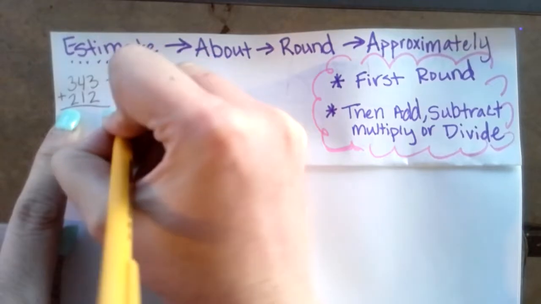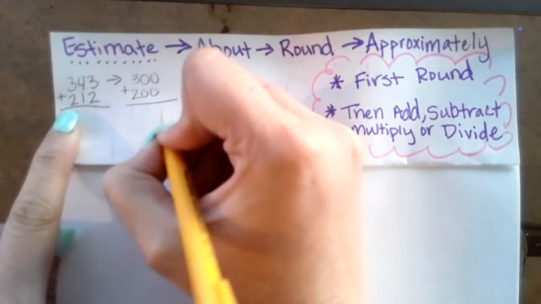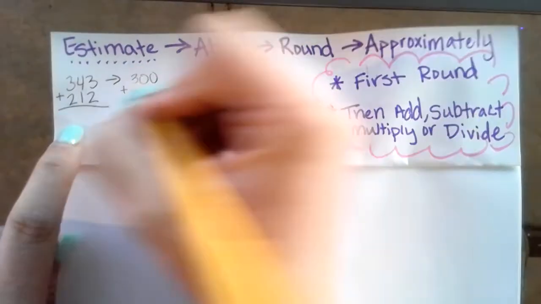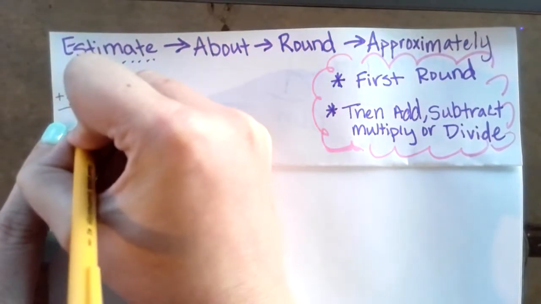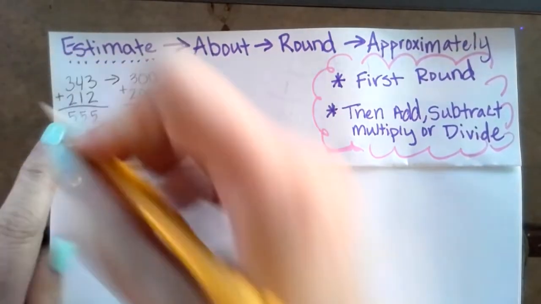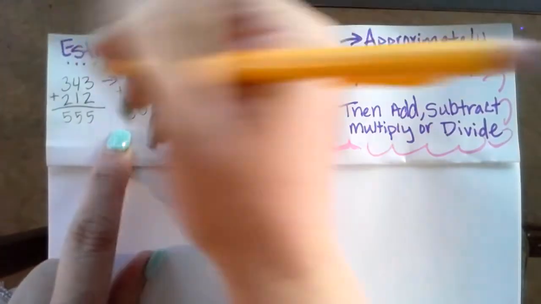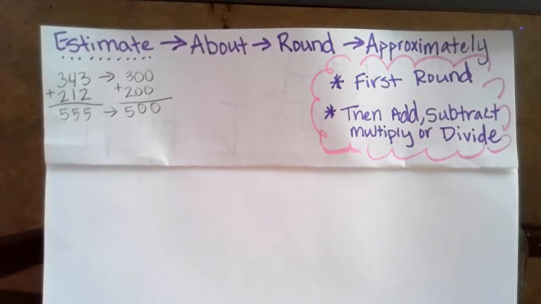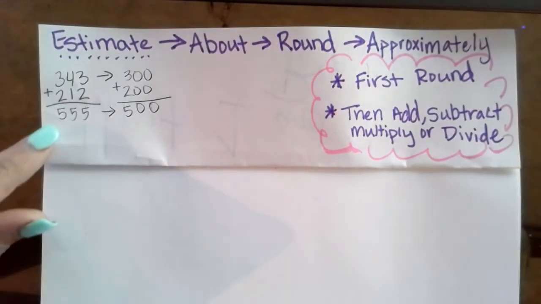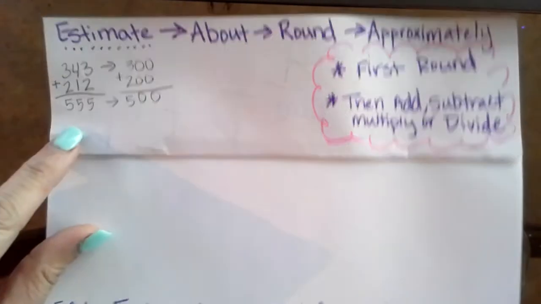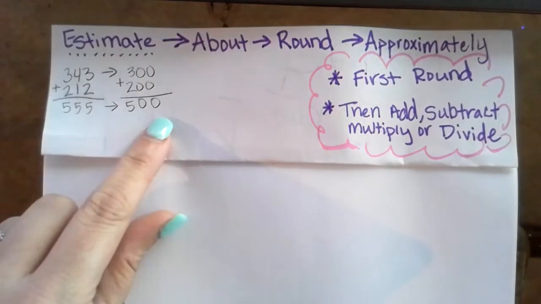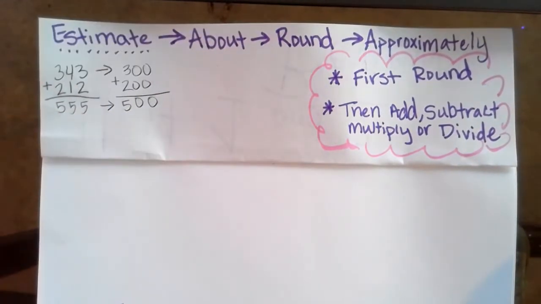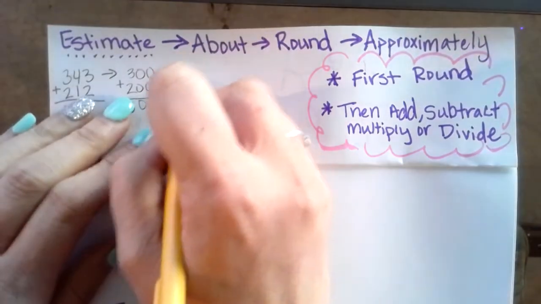I'm still finding the sum, or adding. Well, 0, 0, 5. Here, 3 plus 2 is 5, 4 plus 1 is 5, and 3 plus 2 is 5. So 555 is about 500, right? And if the question was 500 or 600, is 555 closer to 500 or closer to 600? It's closer to 600. So be very careful on your answer choices.